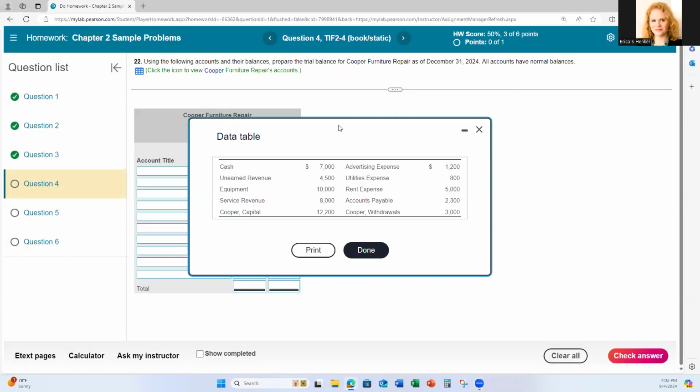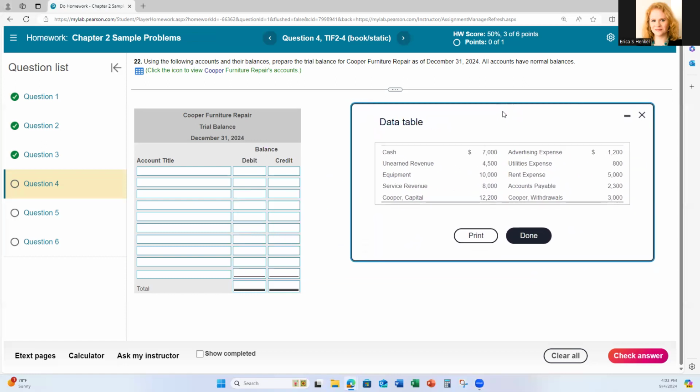So we're going to look through our list of accounts, and the trial balance does need to be in a particular order. Typically, it is in an order that is similar to a balance sheet, along with the revenue and expense accounts at the bottom. So what we're going to do here is put these in order. We're going to have our assets first, short-term and long-term.